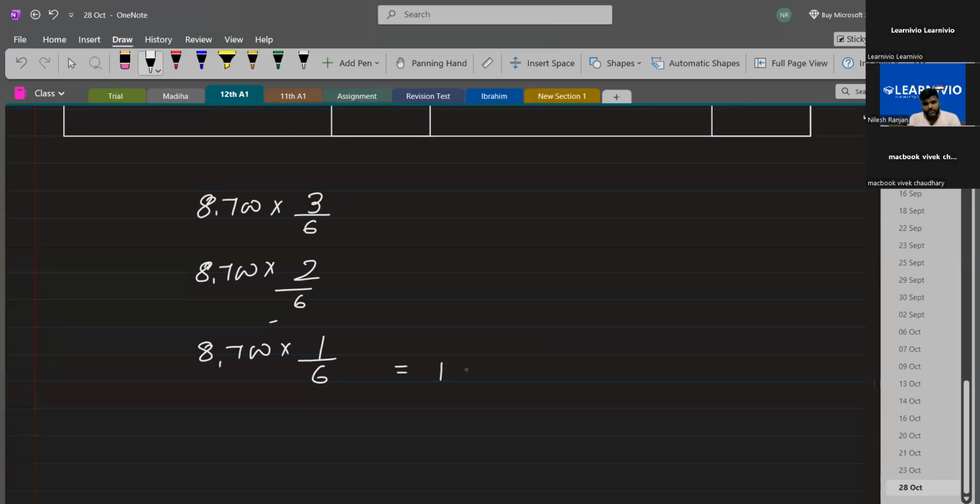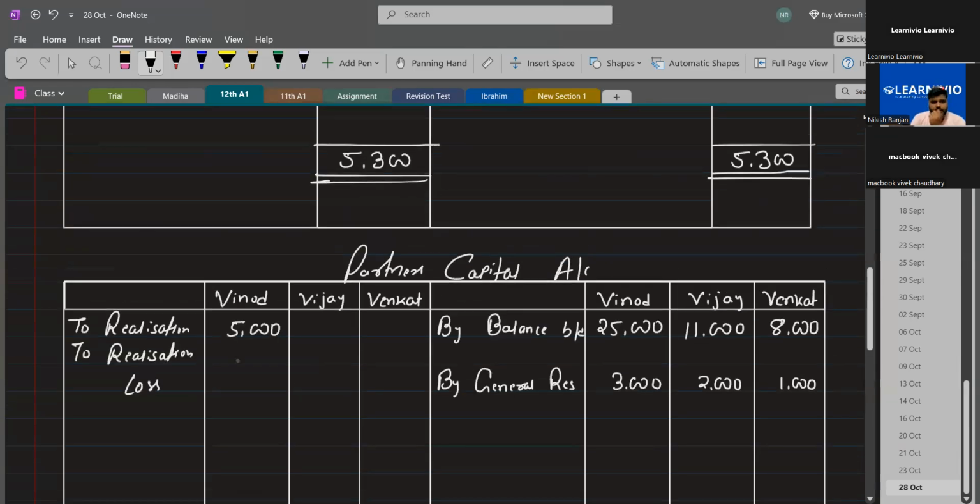So 4,350, 2,900, and 1,450. Okay, so this will be written on the debit side: 4,350, 2,900, 1,450.